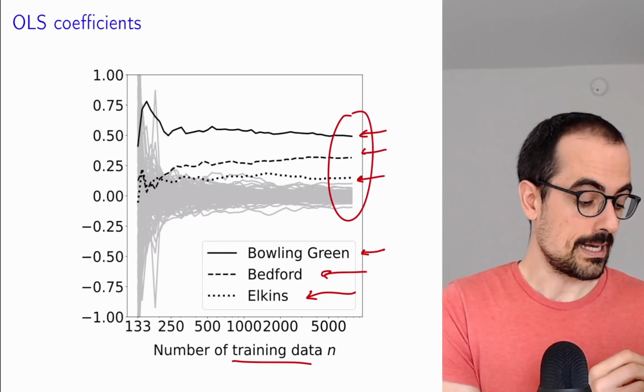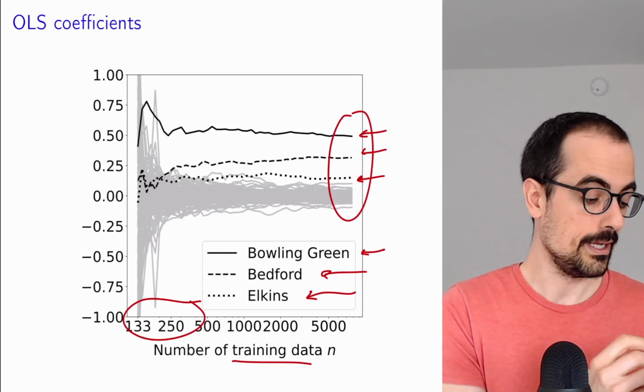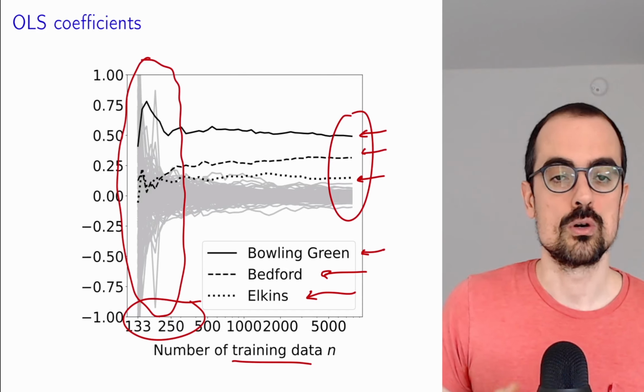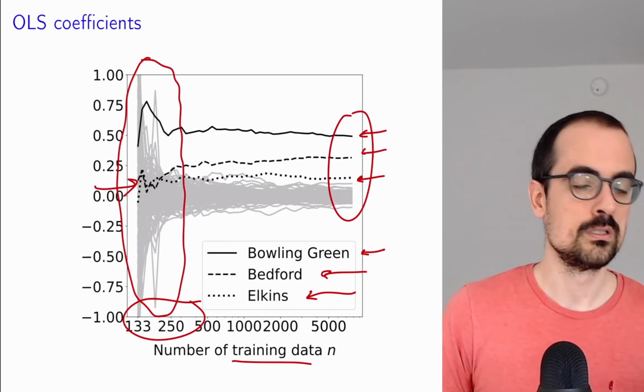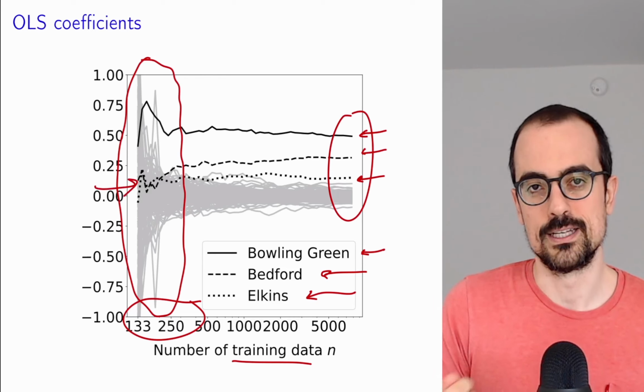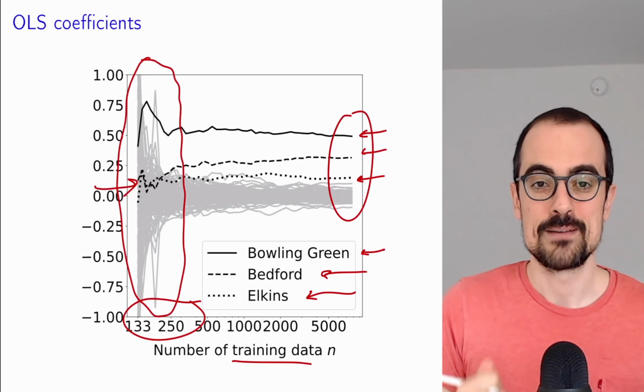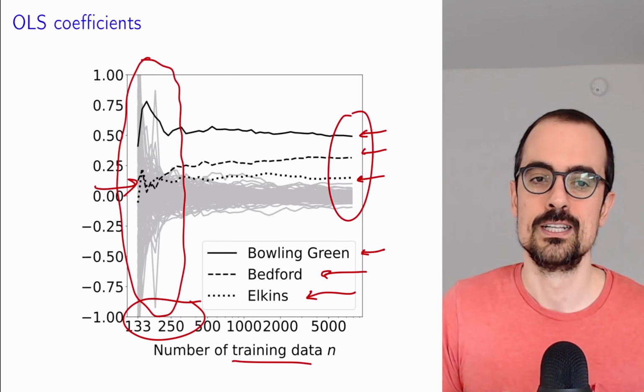But when we don't have as much data, we observe wild fluctuations in the coefficients, which sometimes drown out the truly geographically meaningful coefficients.